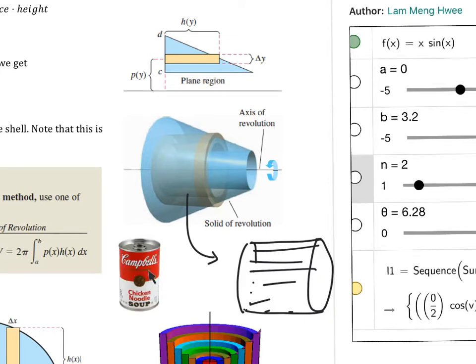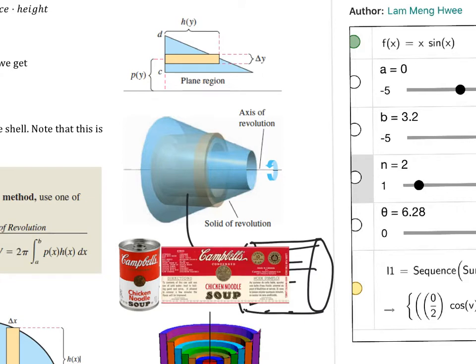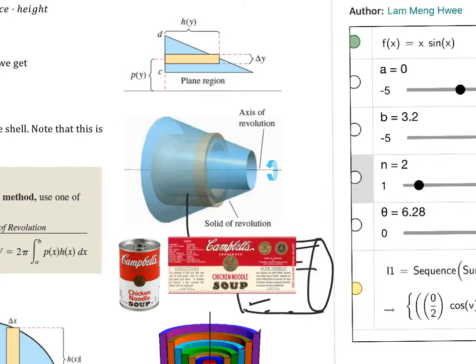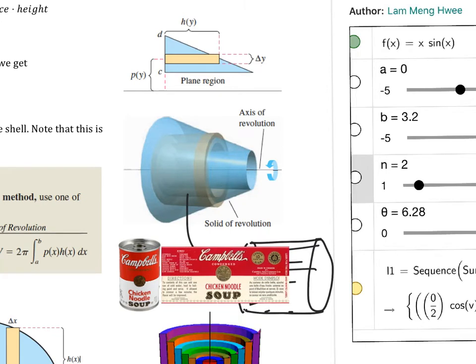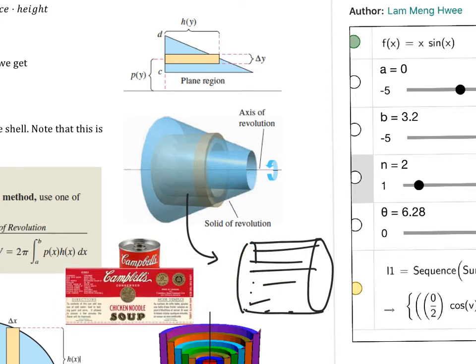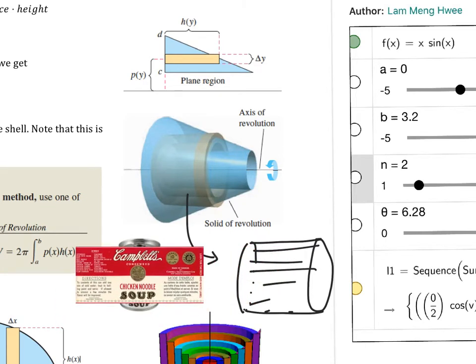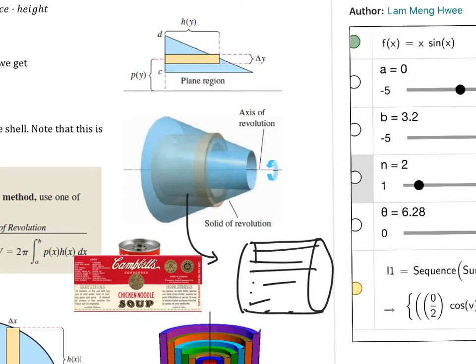If we peel this label off, we get a rectangle like this, and this rectangle would wrap around the can.